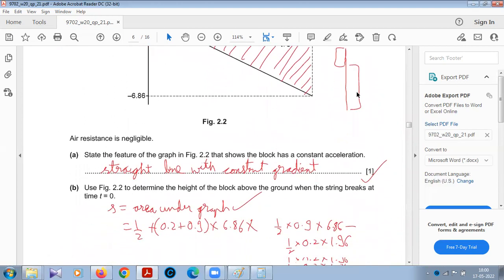Yeah, determining the height of the block from the ground. How will it be? I have a doubt in this. How will it be half times 0.9 times 6.86 minus half times 0.2 times 1.96? Why will it be like that?